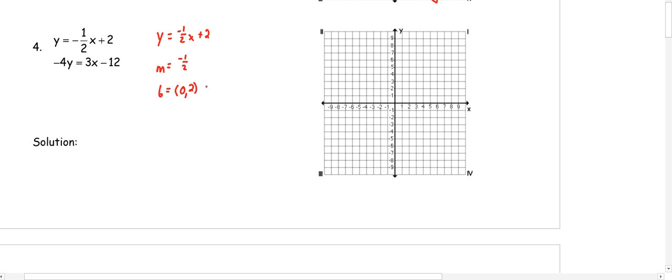I'm going to go to 0, 2 on my graph, and use my slope, which is going to go down 1, right 2. I'm going to connect my line.